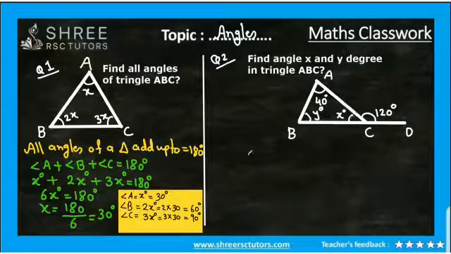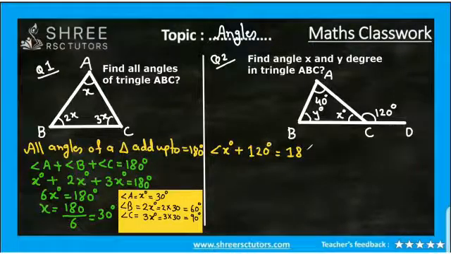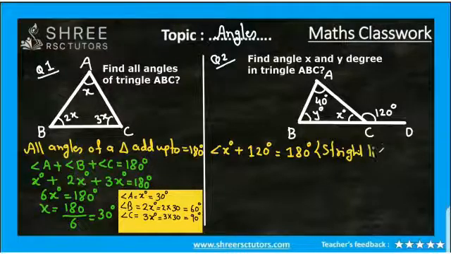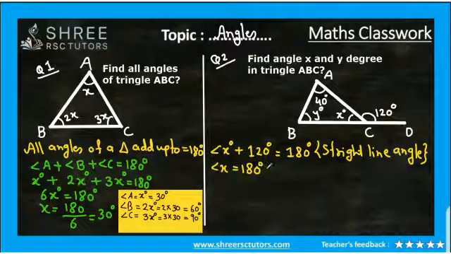We can see here that angle x degree and 120 degree will give us 180 degree value as a straight line angle. Now, can we write it? Angle x is equal to 180 degree minus 120 degree, that is 60 degree value.